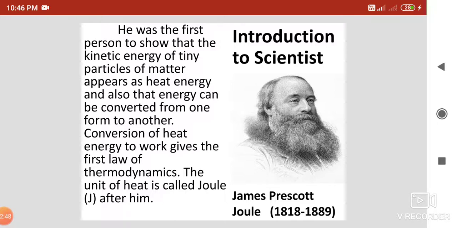Reactions where heat transfer takes place are accompanied by thermodynamics. So the unit of heat is called joule after him, as he explained the kinetic energy of matter as heat energy. This is an honor given to the scientist.